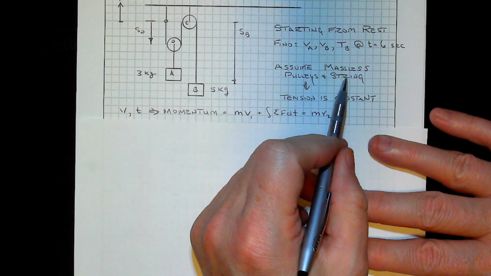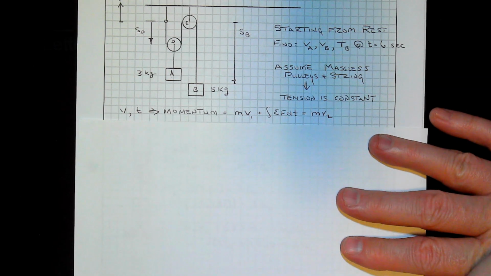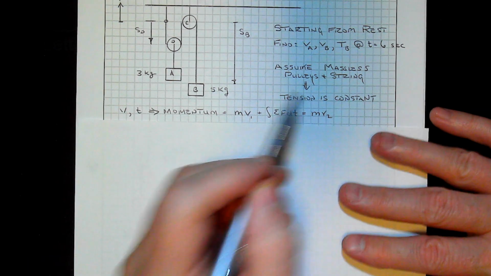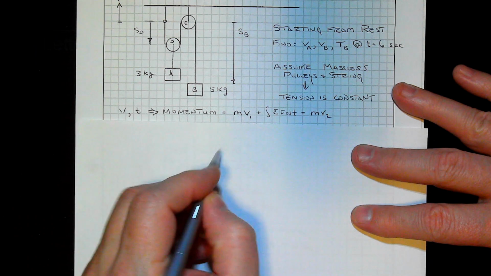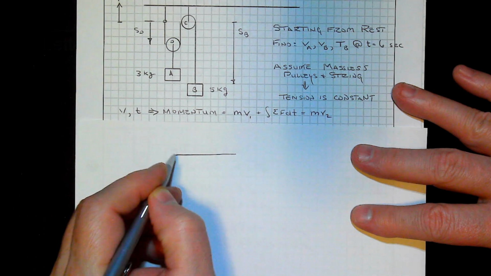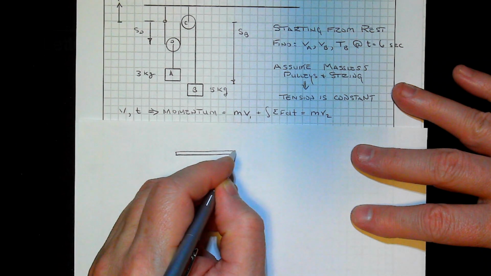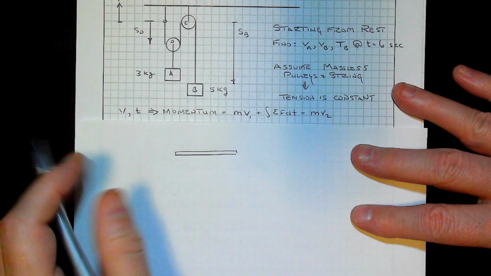Now, notice I have a little comment here where I say assume the pulleys and string are massless, and that says the tension is constant. Well, let's just comment where that comes from. So if I have a rope, so this is my rope here.